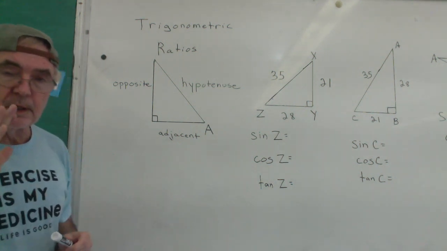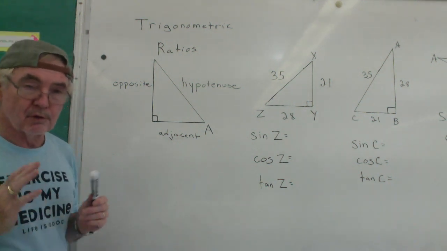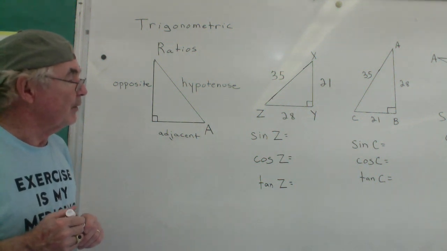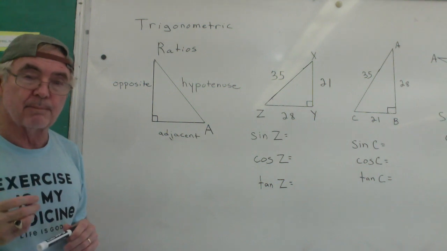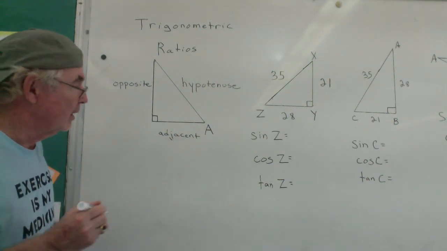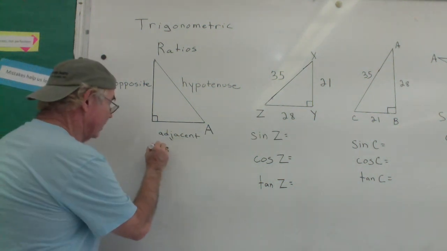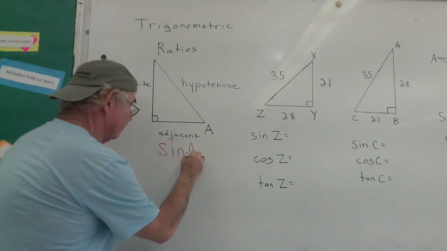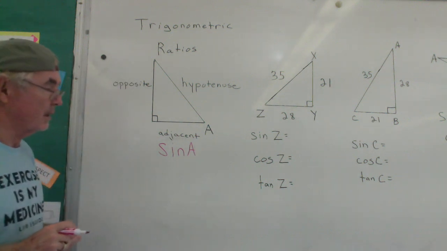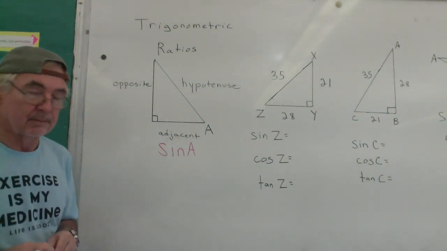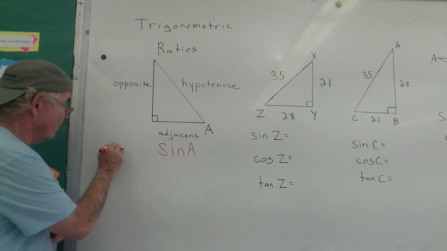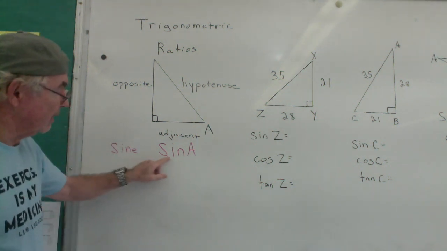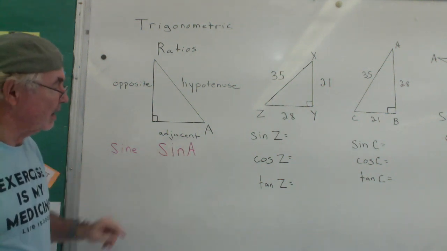Now, I'm going to give you 3 definitions of trig functions. Trigonometric functions, there's 6 of them, and we'll learn our 3 basic ones today. The first one is called the sine of the angle. Some call it the sin. The proper word is S-I-N-E, but on the calculator keys in the books it'll be sin.